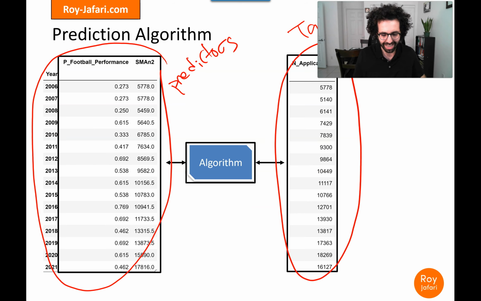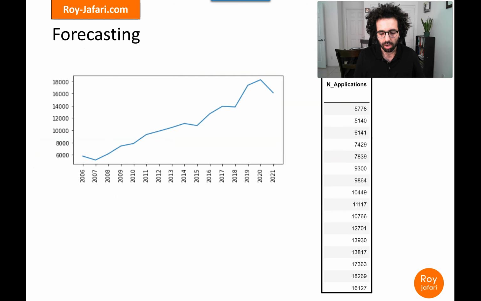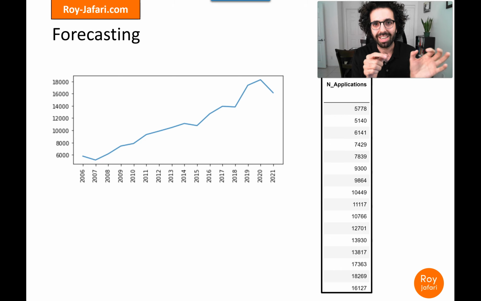So we would find an algorithm that would connect these two, find those patterns, right? But for forecasting, there is no mention of independent attributes. All we have is one dimension of time series data. These data points are connected to one another by the same sequence, right?